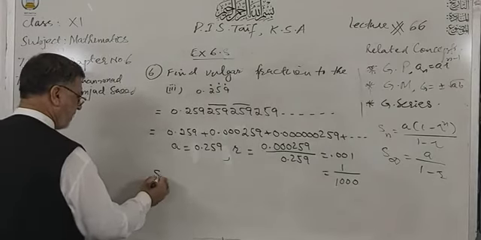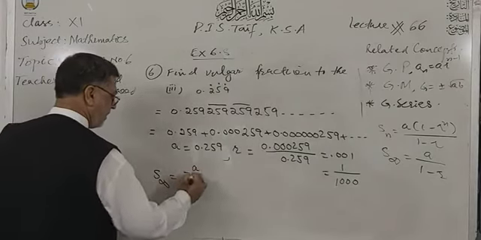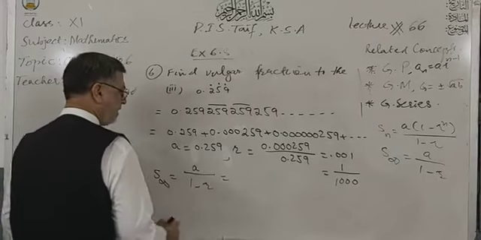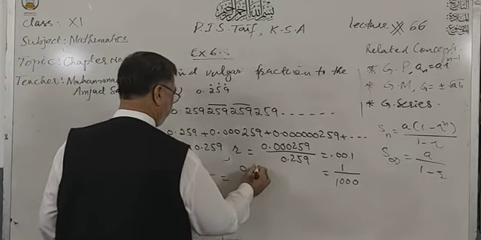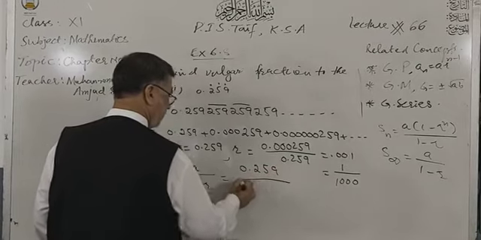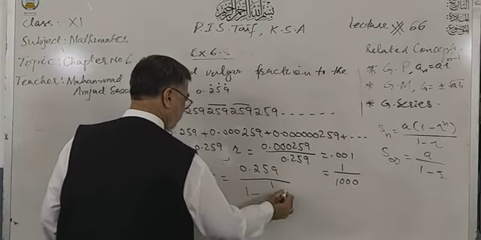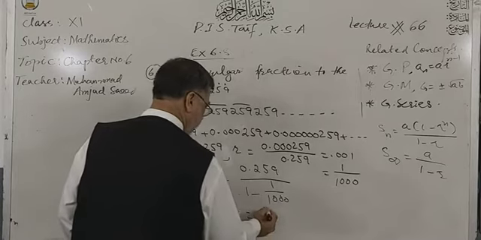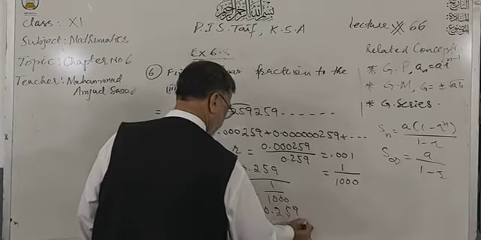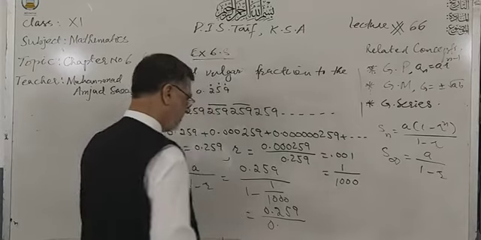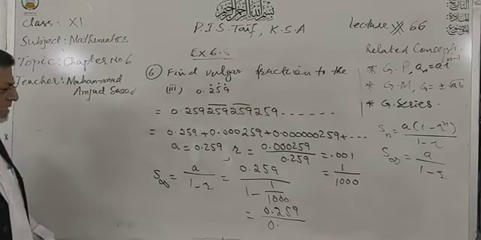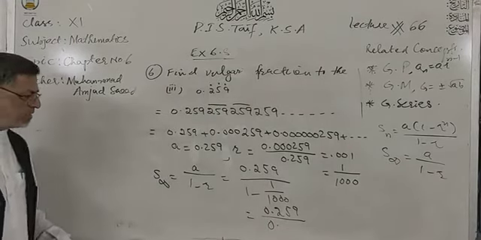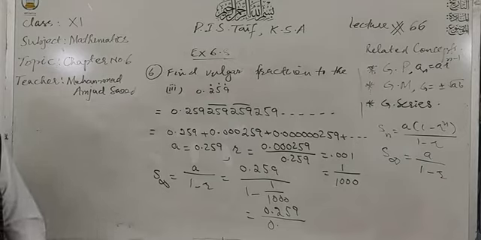Applying S infinity equals a over 1 minus r, a is 0.259 divided by 1 minus 1/1000. What will it be?